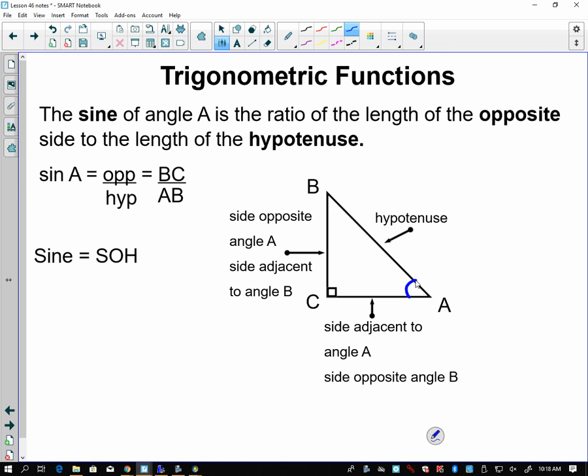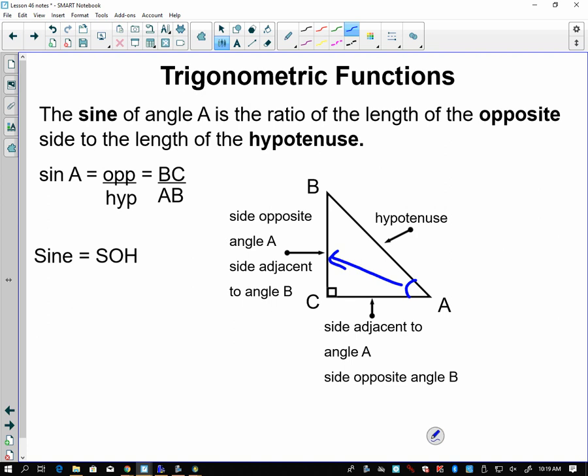So BC is the side that is opposite angle A. If I want sine of angle A, I want opposite over hypotenuse. Here, opposite is side BC, and hypotenuse is always, in this case, AB. Even if I was using sine of angle B, hypotenuse would still be AB.